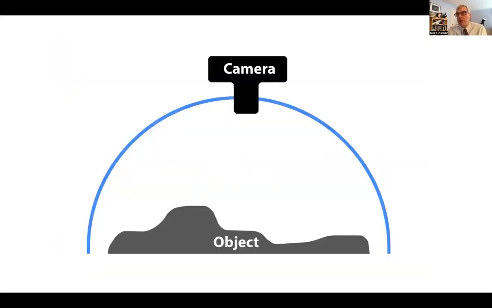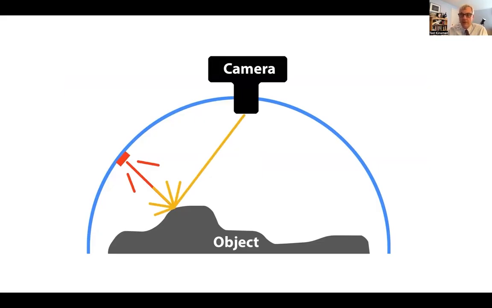So here's how an RTI is actually collected. Your camera is above your object, and it's facing typically straight down on the object. And one light turns on, and of course the light hits the object and it scatters in every direction, and the light hits the camera. So this lighting position allows the software to collect and extract what the normal vectors are for the surface.